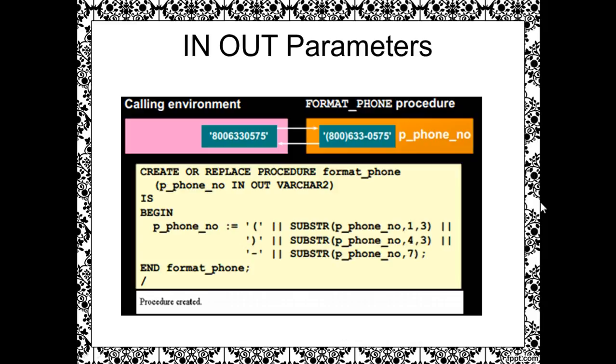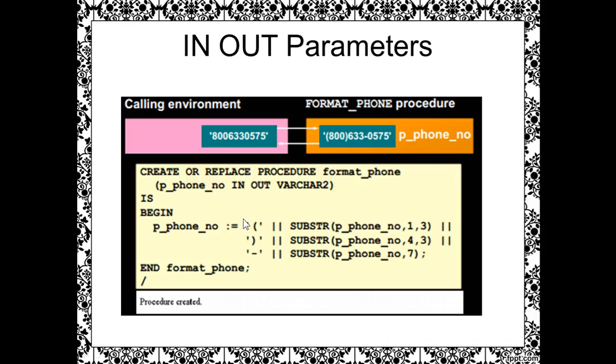For IN OUT parameters, the calling environment is 8006330575. This is the format_phone procedure with p_phone_no. This is the format we set here, and we create or replace procedure format_phone (p_phone_no IN OUT VARCHAR2) is begin.